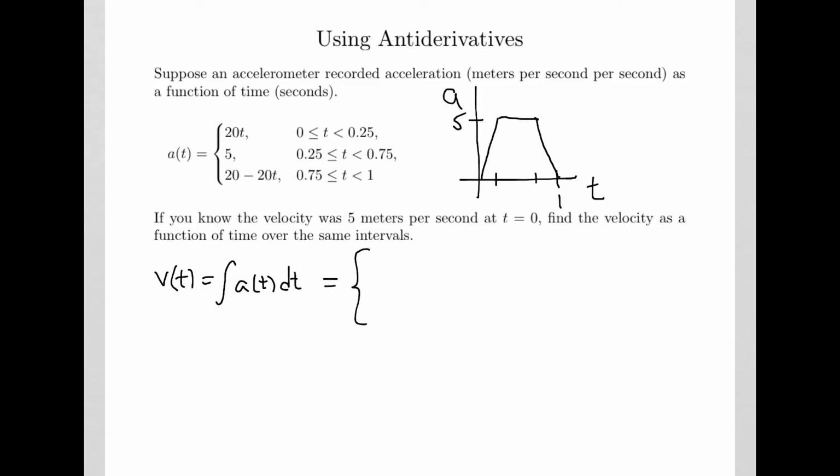So, on this first interval, my acceleration is 20 times t. The integral of t is 1/2 t squared. And so I'm going to have 1/2 of 20 is 10 t squared plus some constant. Each time we do an integral, we'll have a different constant. So let's call this one constant 1. And this is for that first quarter second.